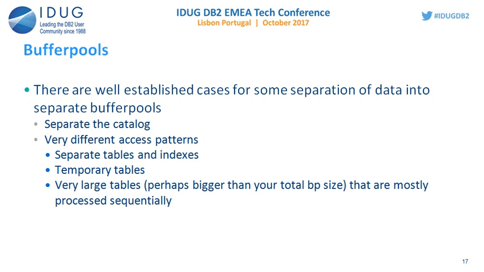Separating your tables and your indexes into separate buffer pools, maybe one for tables, one for indexes, is a good general practice. Same with temporary tables. And very large tables that are mostly processed sequentially, it's good to separate those out if you can identify them from your regular OLTP access tables.